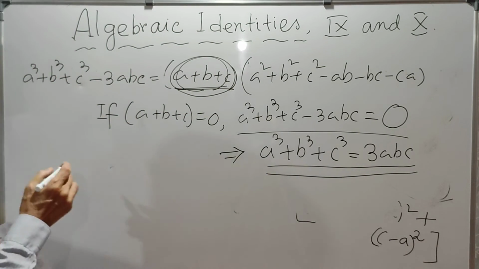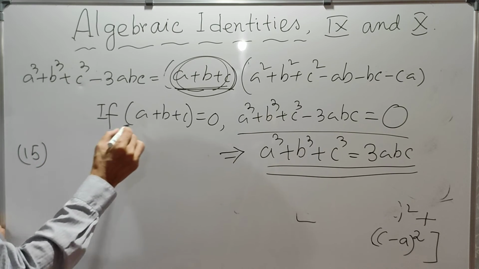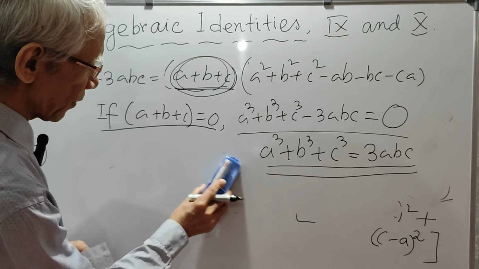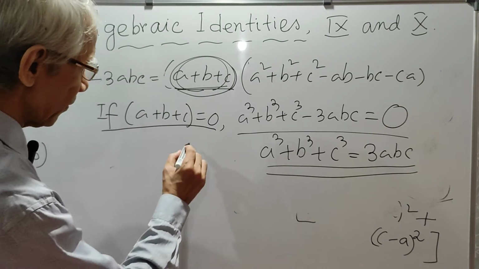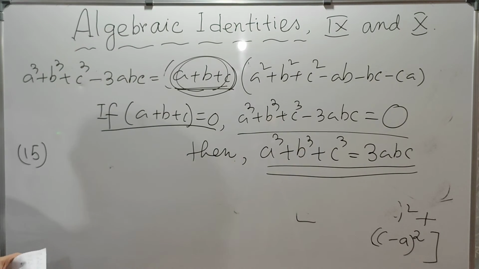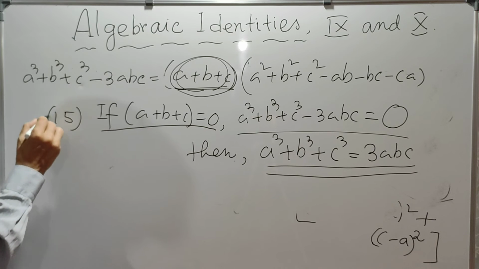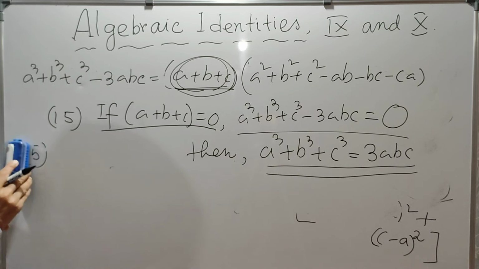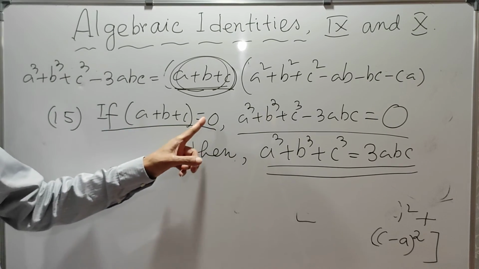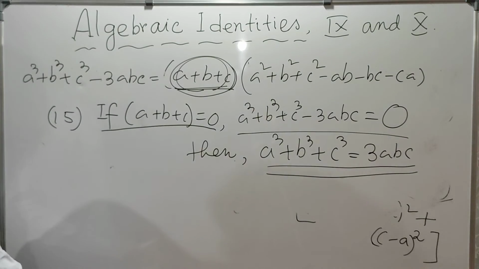So the 15th identity is this one. What is the 15th identity? If a plus b plus c equal to 0, then a cube plus b cube plus c cube equal to thrice abc.